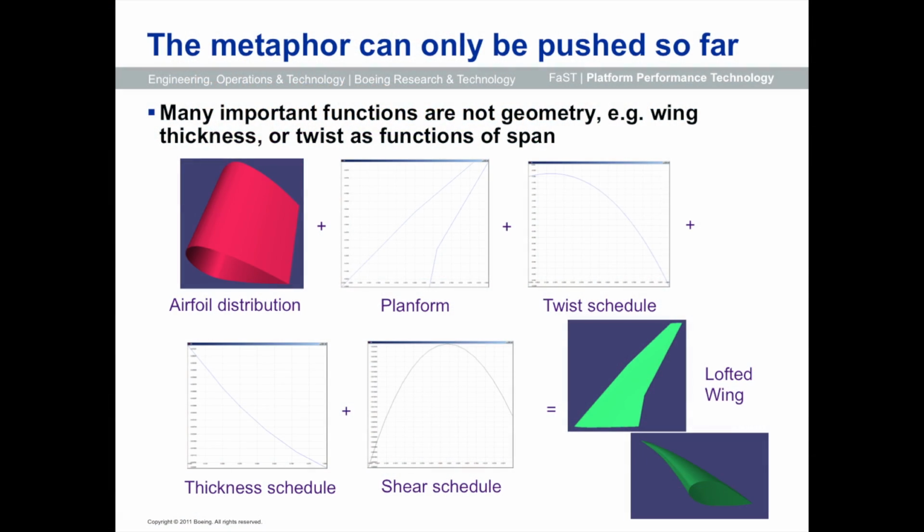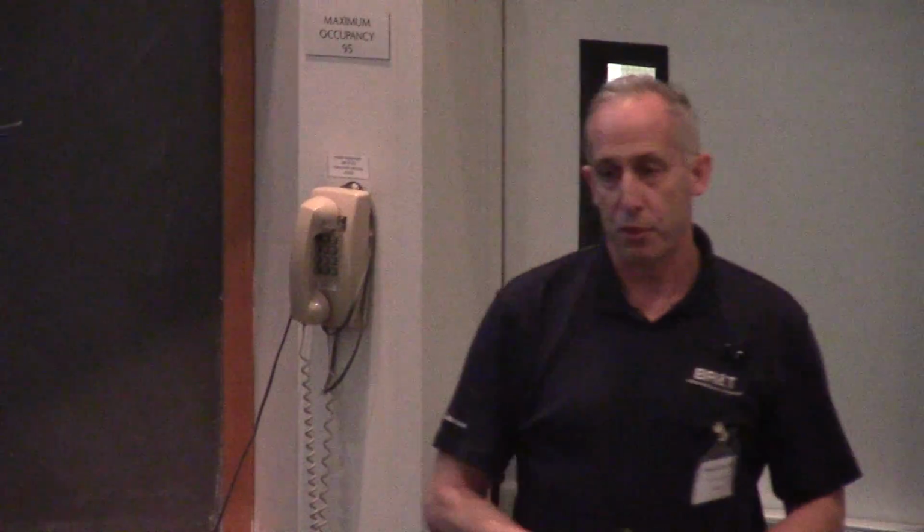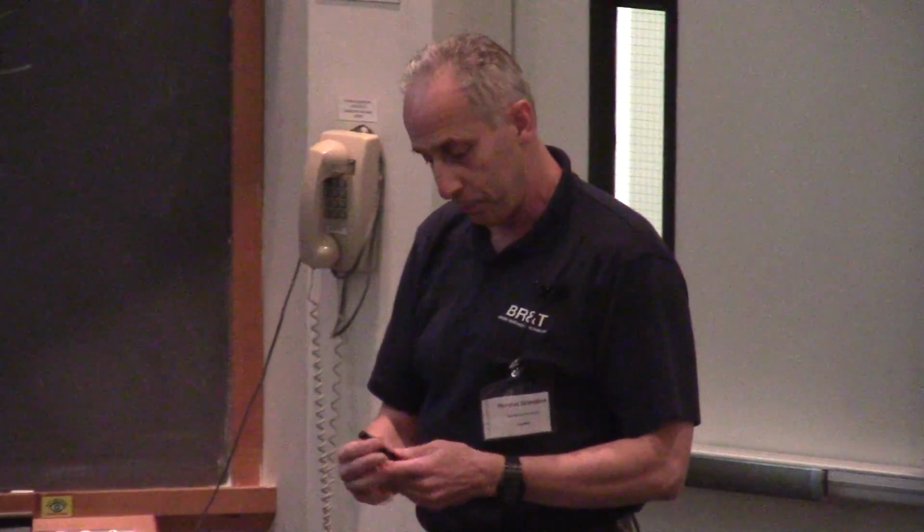Because if I think of the 2 independent variables as being position around the airfoil as one, and wingspan location as the other parameter, if I fix a wingspan location, 50% span, for example, then what I have left is a function of 1 independent variable. I get a 2D curve. So that looks like a 3D curve there, and that's not a bad way to visualize it. But what it really is, is a series of 2D curves shown one on top of another.